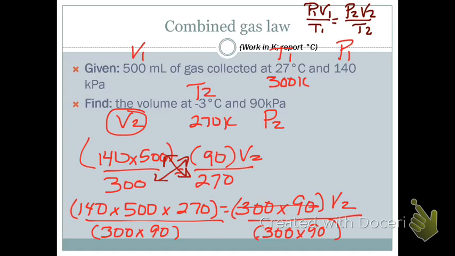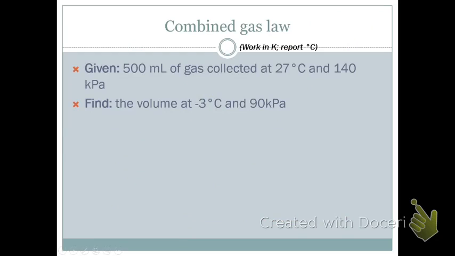Because that's going to help me when I'm writing them in my calculator. This is going to cancel on this side. So open parentheses, 140 times 500 times 270, close parentheses, divided by, again, open parentheses, 300 times 90, close parentheses, push the equal sign, and your answer should be 700.